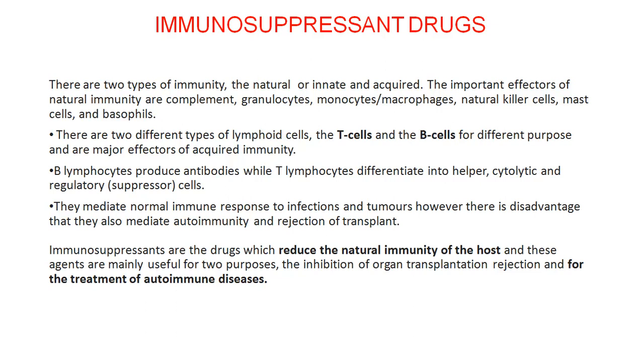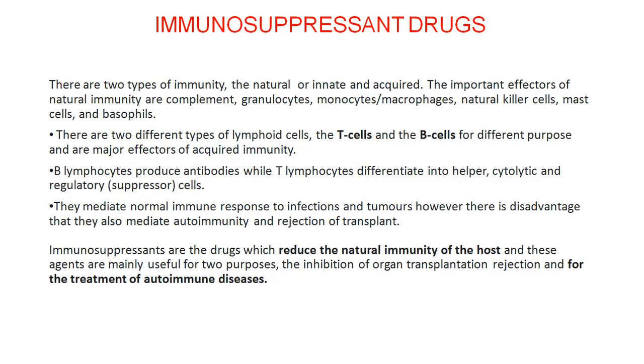Okay, there are disadvantages also. What are the disadvantages? They cause autoimmunity and also produce rejection of transplants. In any organ transplant or any kind of transplant, graft rejection occurs in such cases.